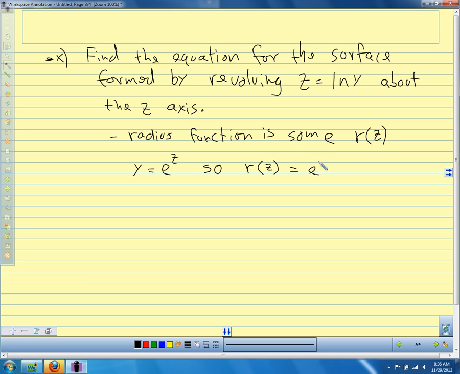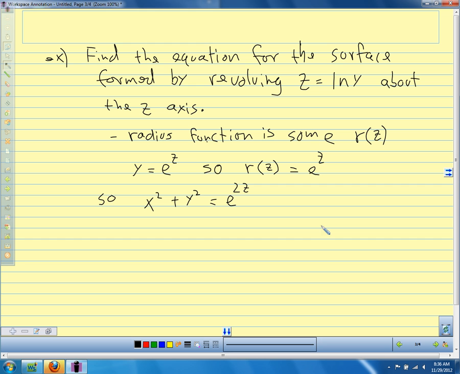R of z is e to the z. And then we can write our equation. So our equation of our surface, x squared plus y squared equals e to the 2z. E to the z squared is e to the 2z.